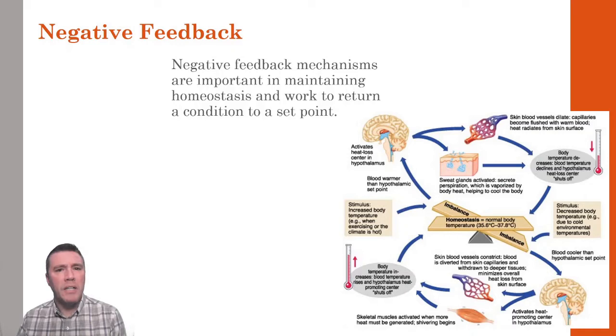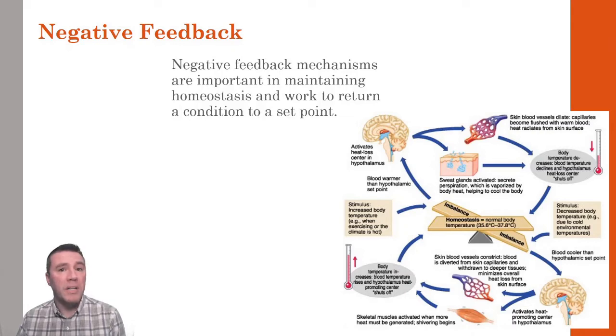But what if body temperature increases too much beyond that range? That increase triggers a set of responses like sweating and dilation of blood vessels in an effort to decrease the body's temperature. The initial stimulus was an increase, and the response works to counteract it.